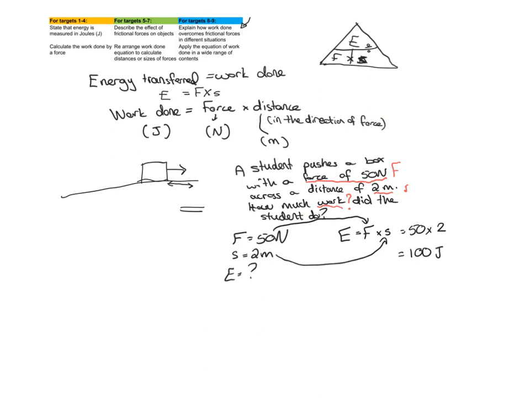That's a simple example. Some questions might ask you to rearrange, so I will show you how to rearrange here. So if you had to calculate the force instead of the energy, then you have the equation E is equal to F times S. Now, if you are targeting something higher than a 5 in your exams, then you should be able to rearrange, and I will suggest that you learn the symbols instead of remembering the whole equation.